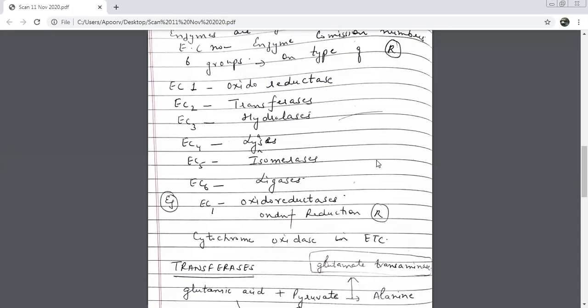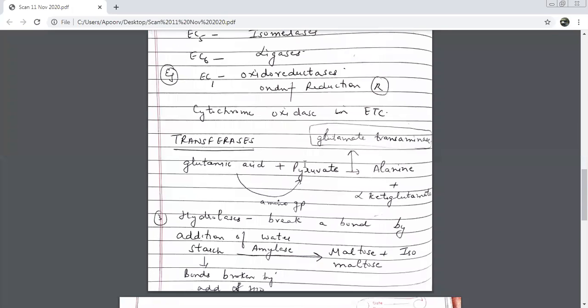Just now we did an example where the substrates were glutamic acid and pyruvate. The name of the enzyme was glutamate transaminase. It transfers the amino group from glutamate, so its name is glutamate transaminase.